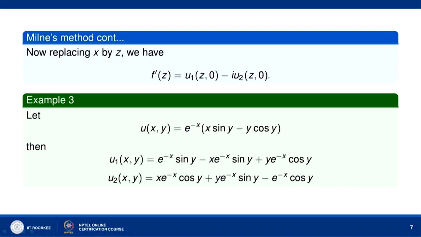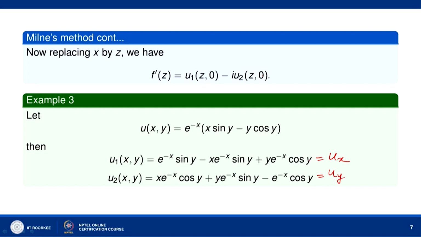Now, this result can be used to determine the corresponding analytic function when the harmonic function u is known. Let us take the example which we have earlier considered, u(x, y) equal to e to the power minus x, (x sin y minus y cos y). We found the partial derivative of u with respect to x, and the partial derivative of u with respect to y came out to be this expression.